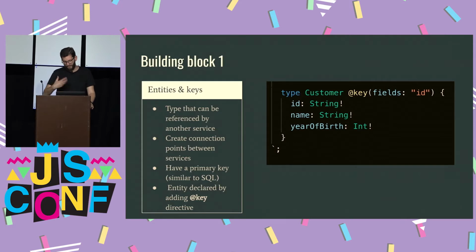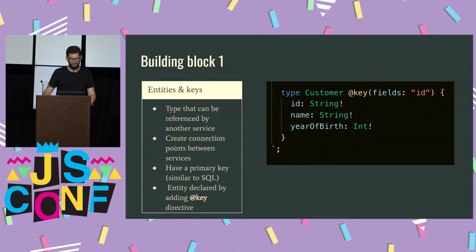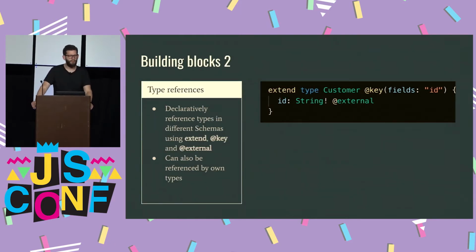So as soon as you create this entity, which again is basically just this add key directive, you can reference it from different schemas or services. So maybe to go back, just imagine this code example would be in a schema in the customer service. And the next one here would be, for example, in the order service.